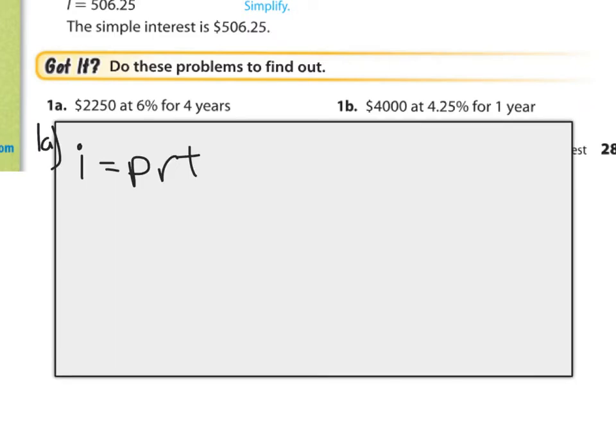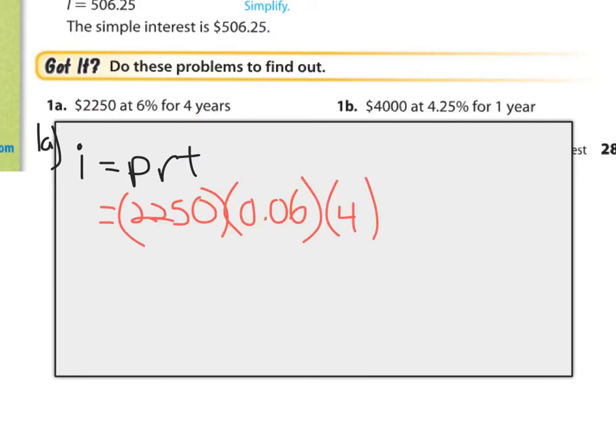Okay, I hope you paused the video and you are ready to check. I wrote down the formula already. Interest equals principal times rate times time. Now I'm going to replace my variables with these values here. I have 2,250 times 0.06, which is 6% written as a decimal, times 4, right? 6% at 4 years.